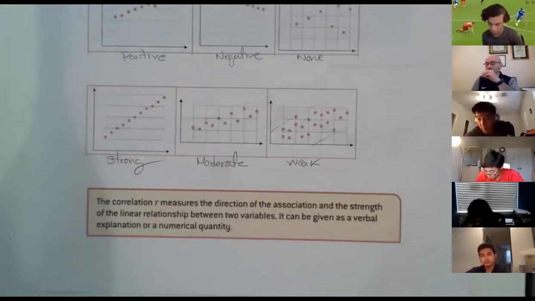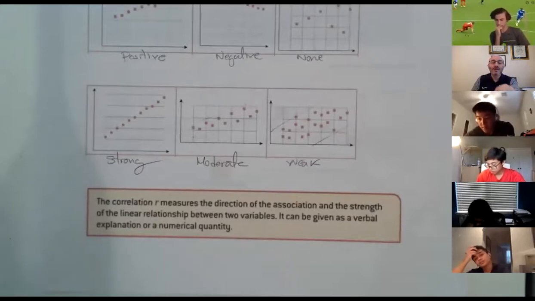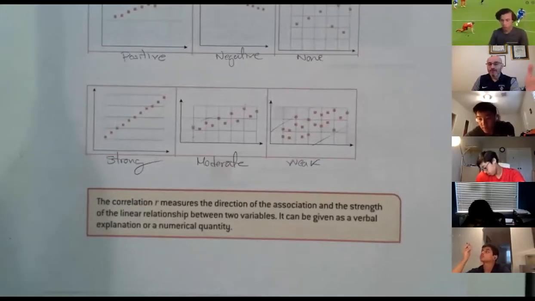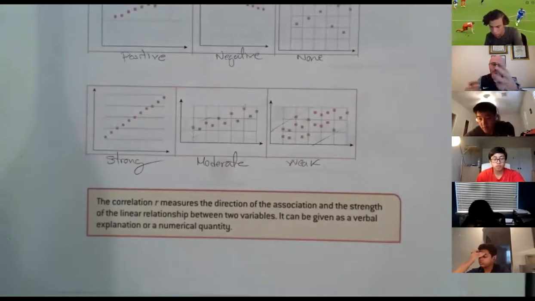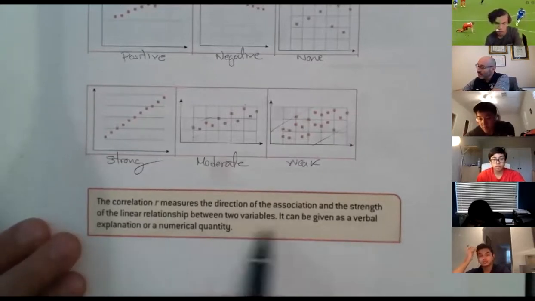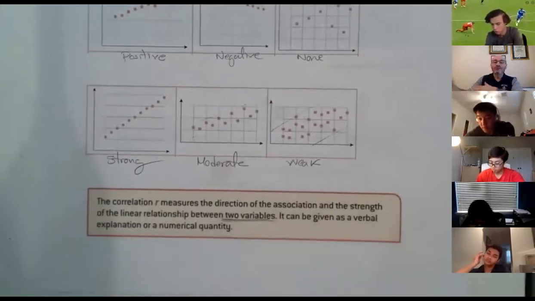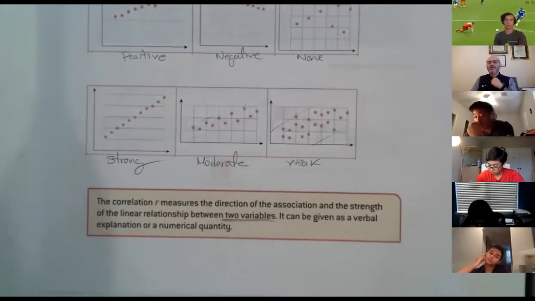A lot of times, what we say about the data set is based on the correlation, because the correlation will let us know if it's strong, weak, positive, or not. Okay. And that gives us information about how the data is, and how the two variables interact with each other. Okay. Now, have you guys used this correlation coefficient before?